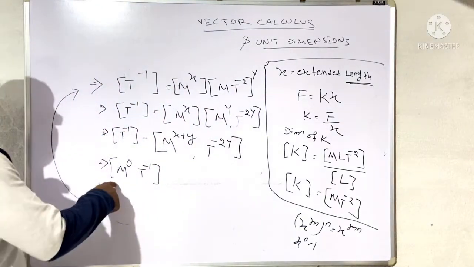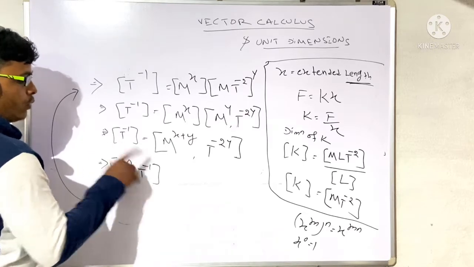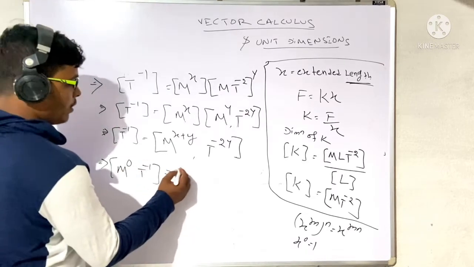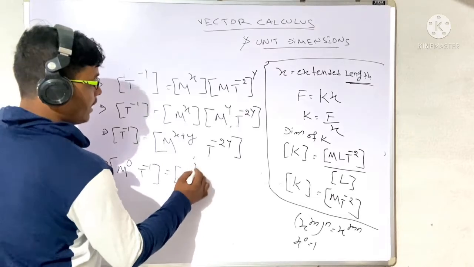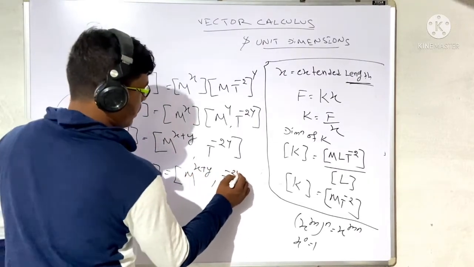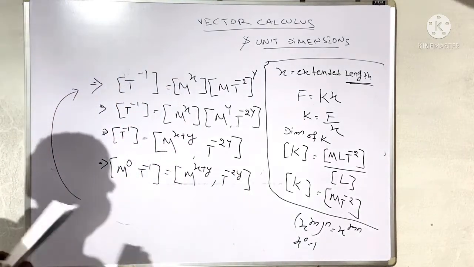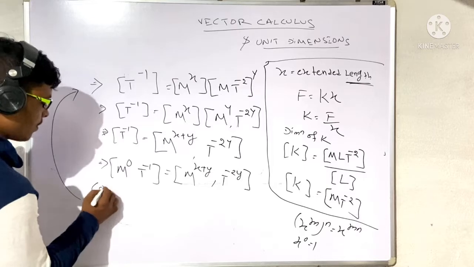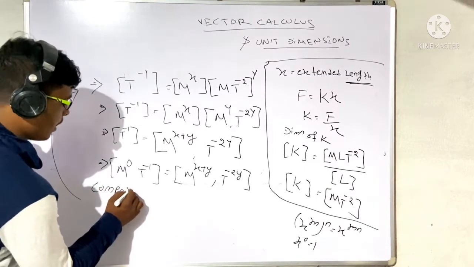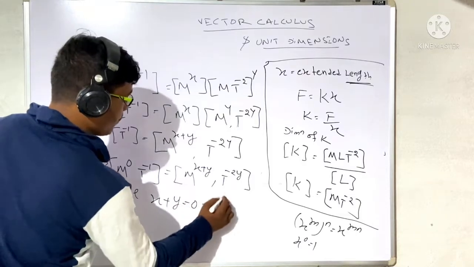So we write M^0 into T^-1, because we have to compare this. We have to find x and y, remember our question. Now compare: x plus y equals 0. So this is the first equation.